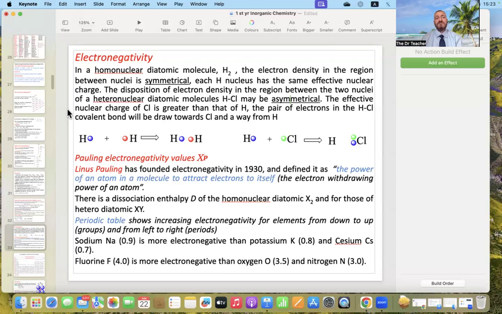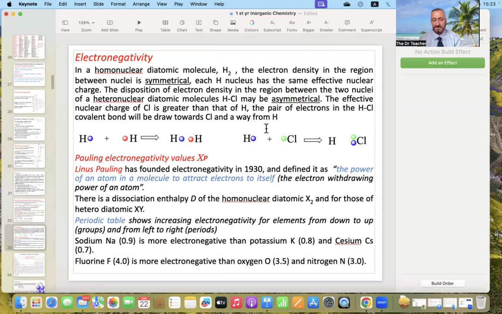The effective nuclear charge of Cl is greater than that of hydrogen. The pair of electrons in the HCl covalent bond will be drawn towards chlorine and away from hydrogen.